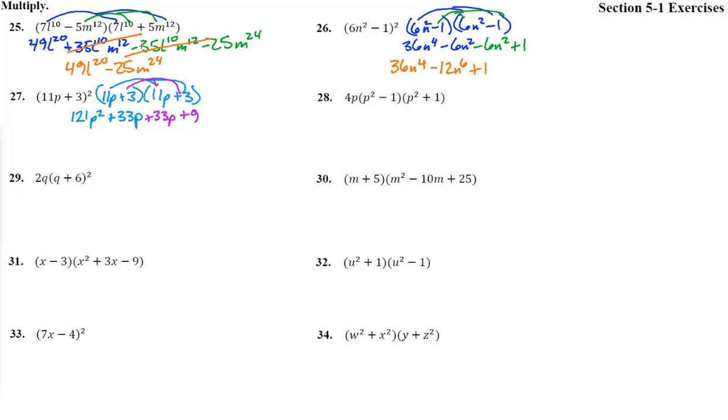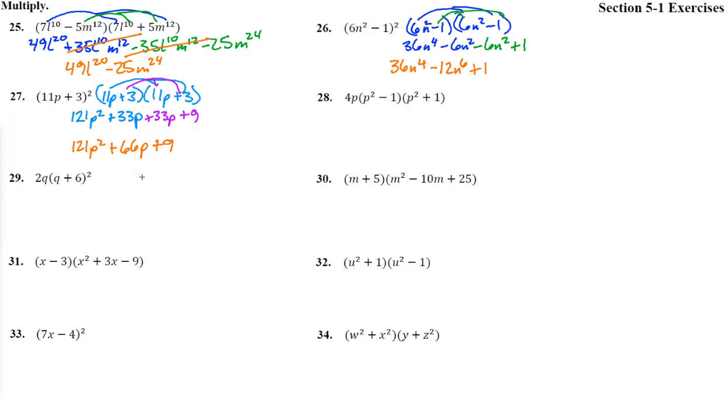Instead of having two things that are exactly opposite of each other, we always get the middle terms that are exactly the same. So when we write out the solution, we get 121p squared, that's 11 squared, plus, notice this is 66p. It's exactly the 11 times the 3 doubled, and then plus 9, which is 3 squared.